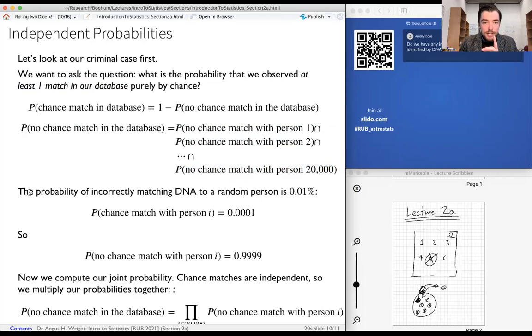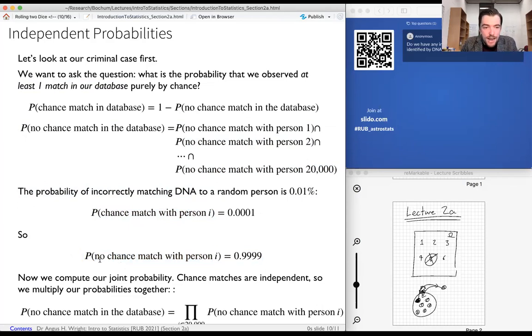The probability, we said, of incorrectly matching DNA to a random person is 0.01%. So the probability that I match by chance is 0.0001, and therefore, from complementarity again, the probability that I have no chance match is 99.99%, as we said.